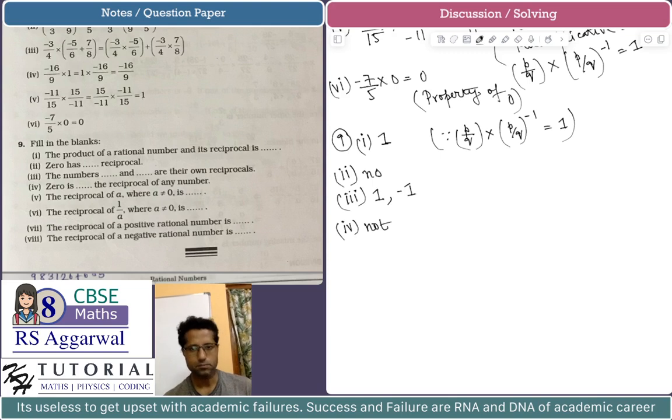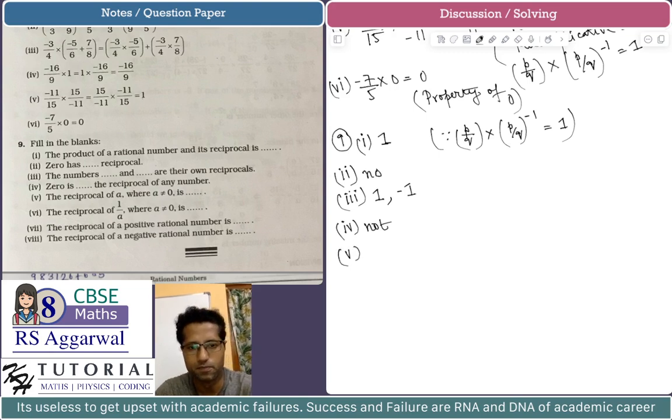Because if there exists a number whose reciprocal is 0, then the reciprocal of 0 should be that number, and we know that the reciprocal of 0 does not exist. So there should not be any rational number whose reciprocal will be 0.